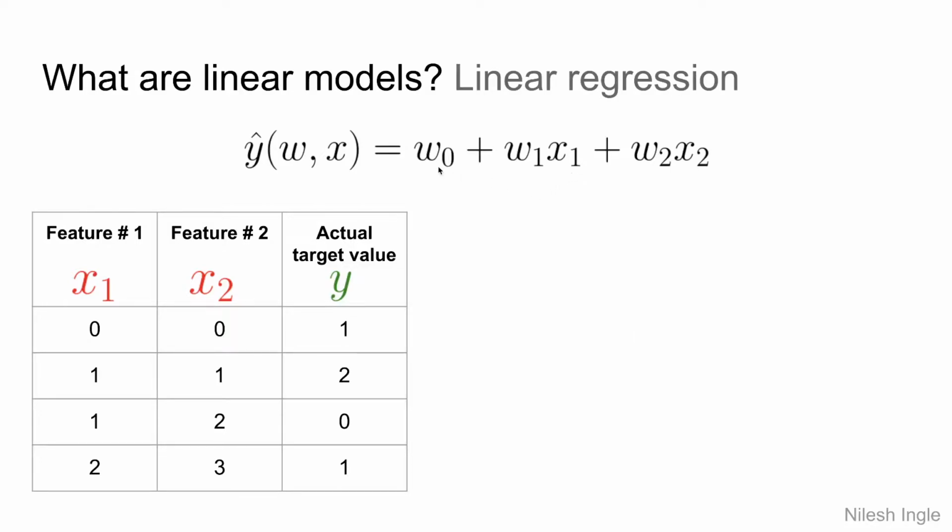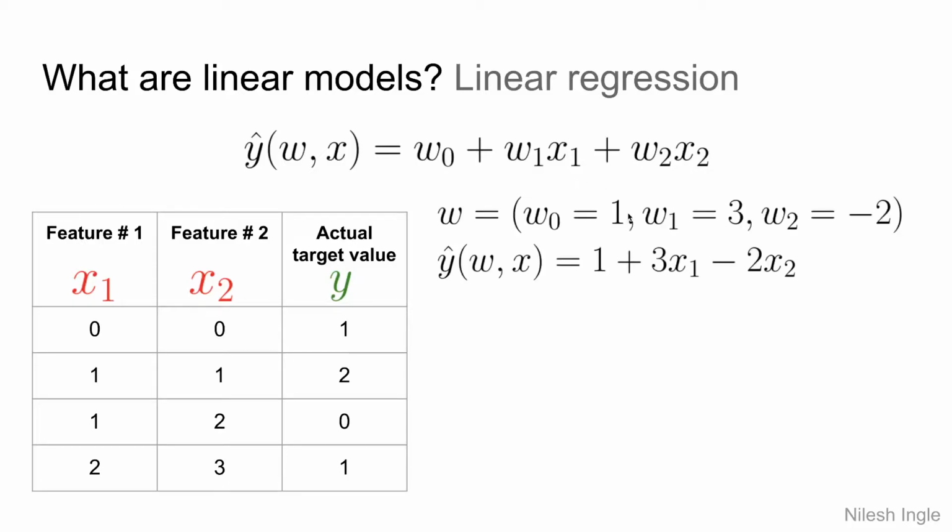It's trying to calculate the values for w. And after we get the values, let's say we get the values of 1 for w0, 3 for w1, and -2 for w2, we can plug those back into this equation. So we get this equation: y is equal to 1 plus 3x1 minus 2x2.